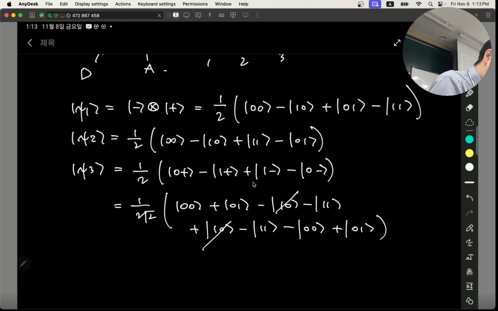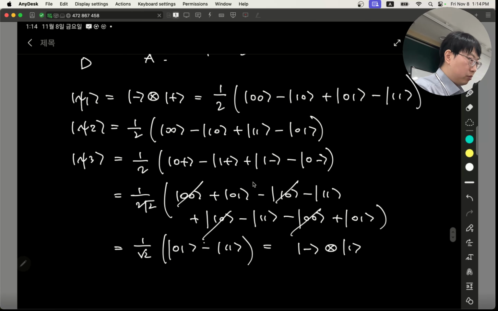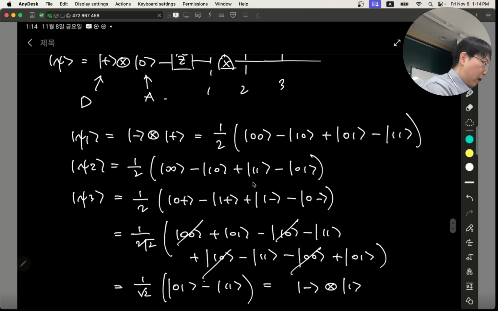Here we have canceling out, and here we have canceling out. So all the state of the ancilla qubit is 1, and there are twice of that. So we have 1 over square root of 2 times (01 minus 11). Therefore, it's minus tensor 1.